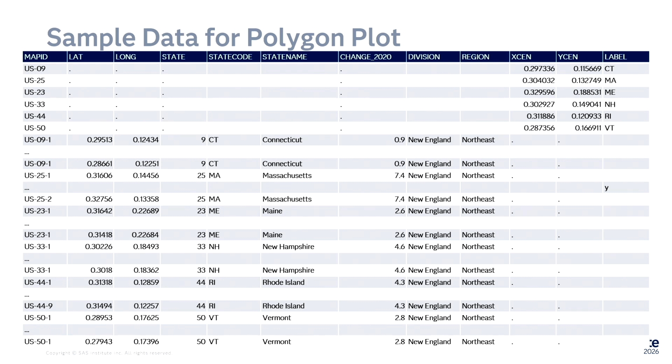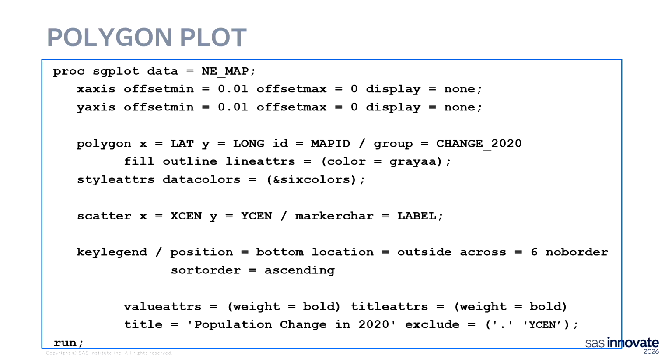At the top of this sample data screenshot, there are 6 rows with XY coordinates for the centroids of each state, along with the label which we want to use. And you can see that there's missing data in some rows, and that's okay. We're just stacking up 3 different sources of data, and SAS knows which data points to use for which pieces of the visualization. So the data set used for a polygon map is combined. It contains response data and spatial data as discussed on the previous slide.